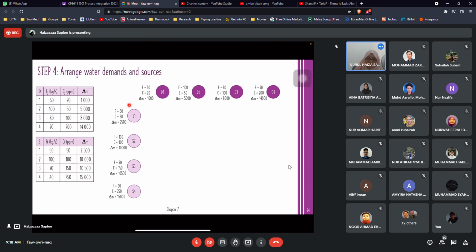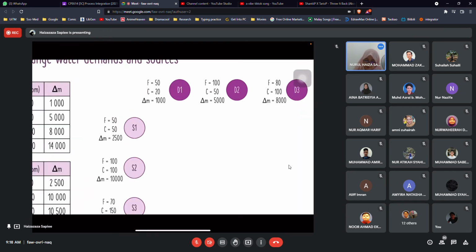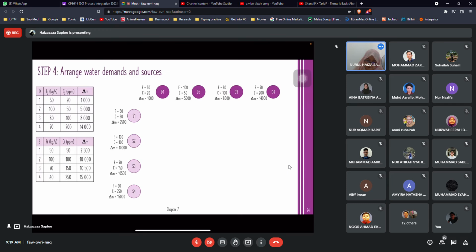For the demand you would have your F, C and delta M next to it, because those are the information that you need. So D1 for demand 1, D2 for demand 2, D3 and D4. Just copy again 50, 20, 1000. You do this for all the demands and your sources. Okay up to here?